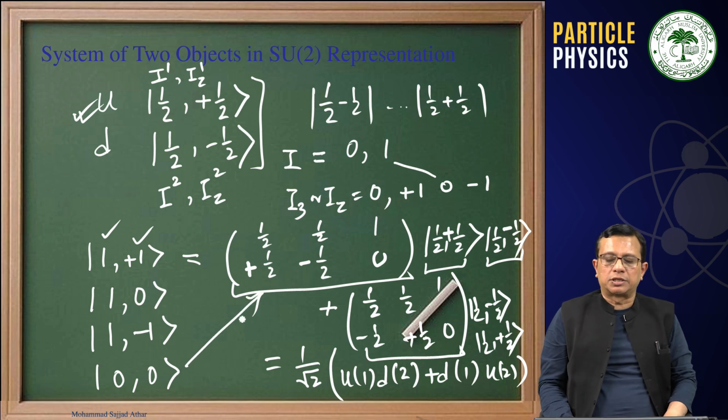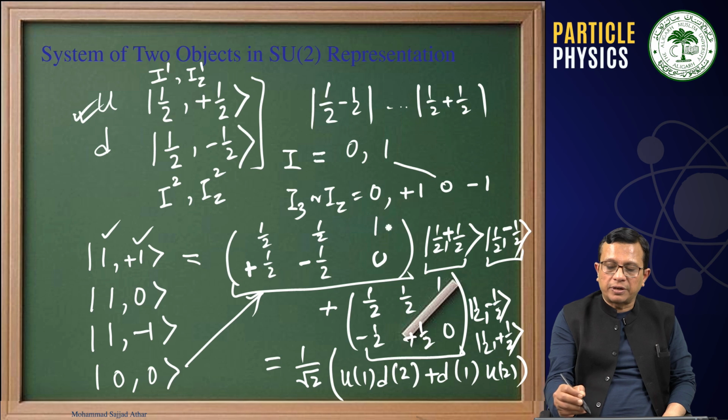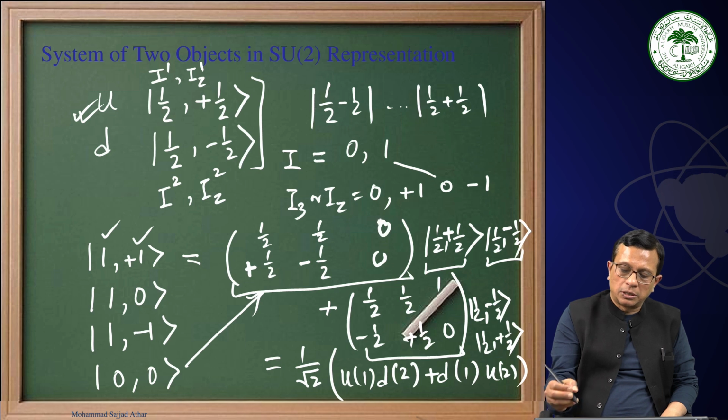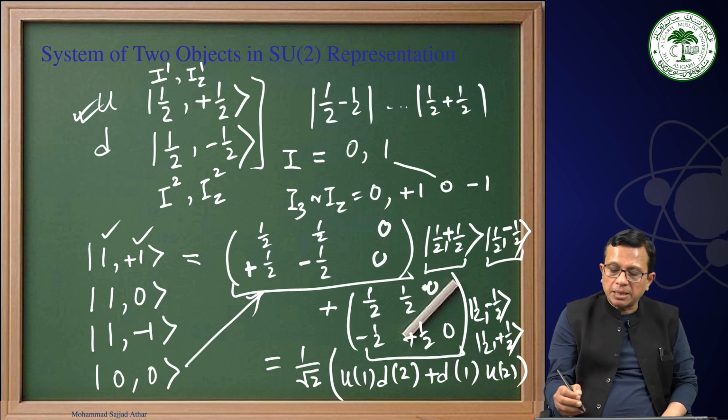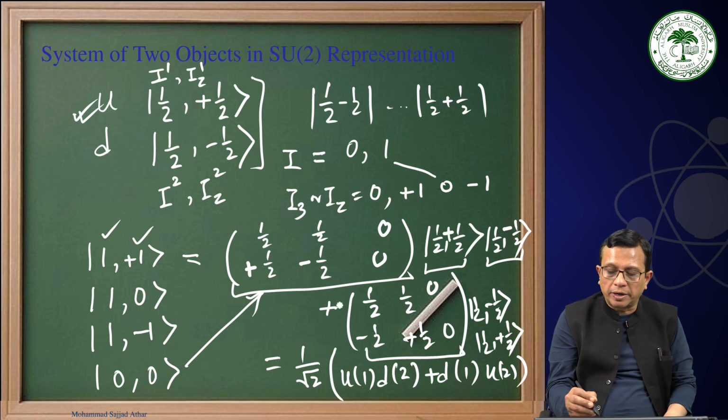Then we spoke about 0 0, because half minus half will give me 0. For this 0 0 there will be just one change here. This will be 0 and this will be 0. But the Clebsch-Gordan coefficient for this one is 1 by root 2, and for this one it is minus 1 by root 2.